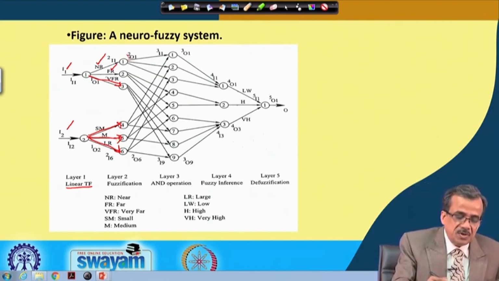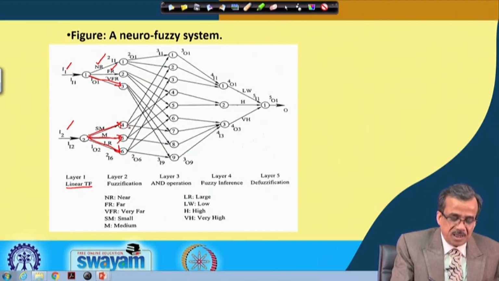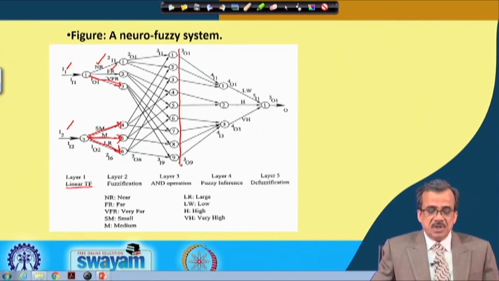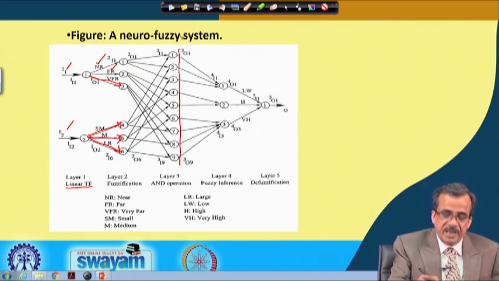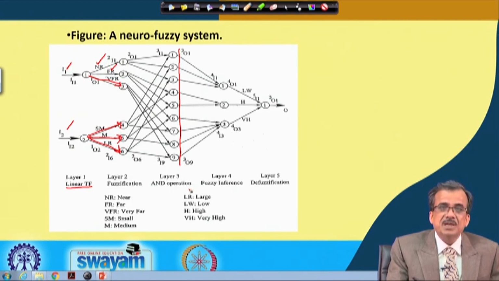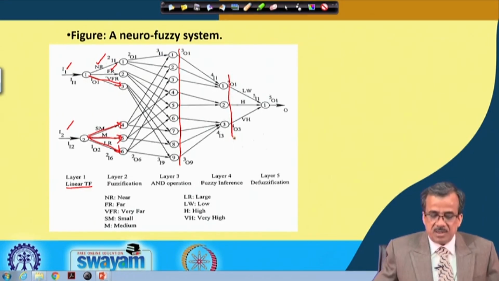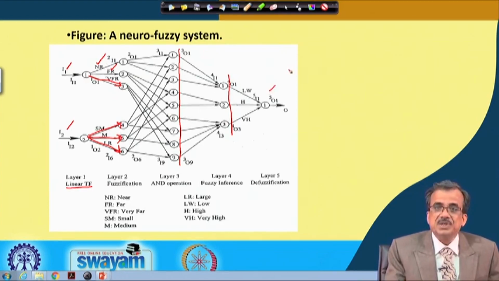Now, there are 3 linguistic terms for I1, 3 other linguistic terms for I2. So, here I have got the 9 rules, and this is nothing but layer 3, that is the AND operation layer, and layer 4 is the fuzzy inference, and layer 5 is the defuzzification.